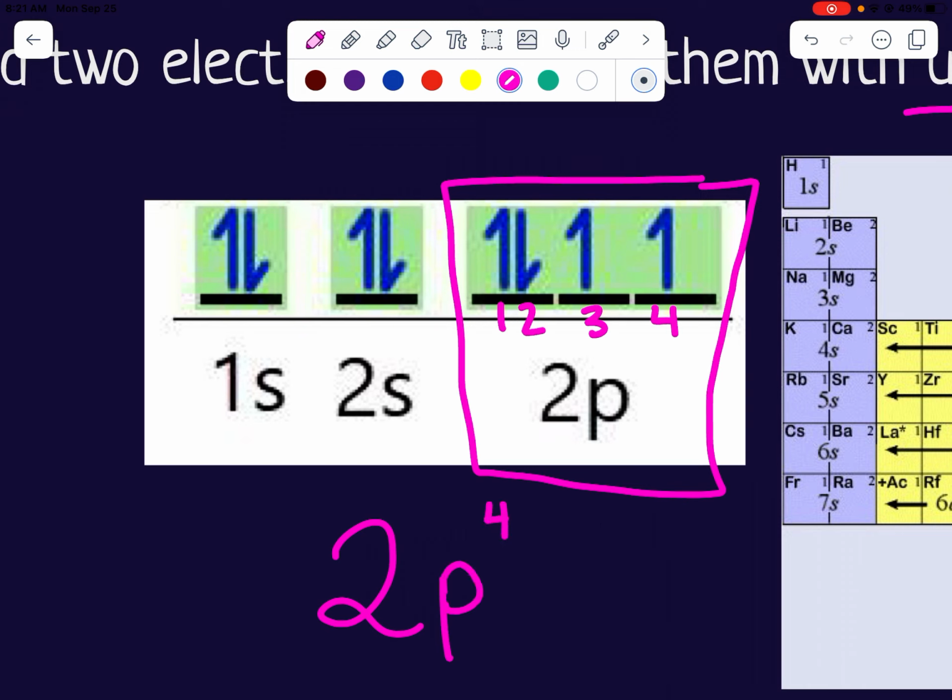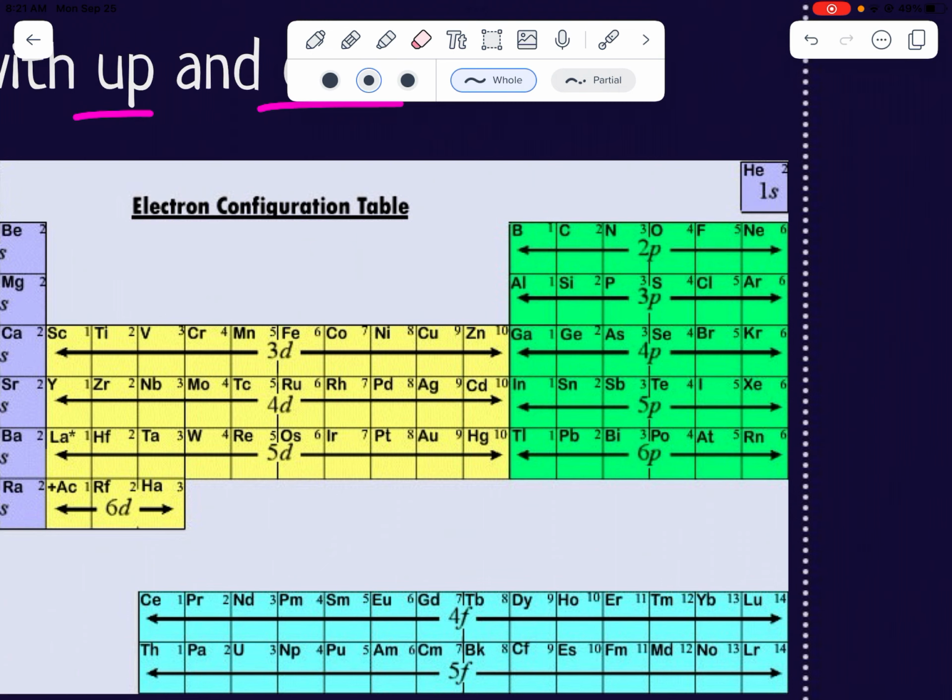We're going to go to the 2p segment of the periodic table, and count to the 4th electron in the 2p level. I'm going to highlight that in purple. So element 1, 2, 3, 4. Oxygen is the 4th element in 2p, and so again, that tells us that the element is oxygen.